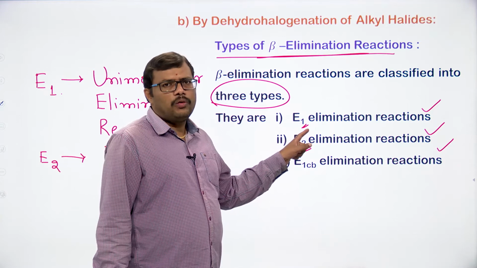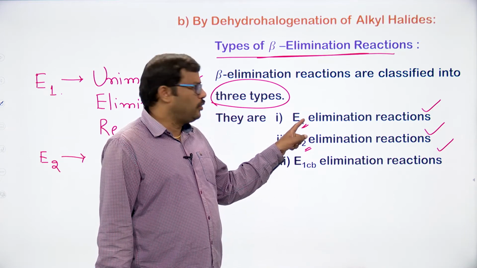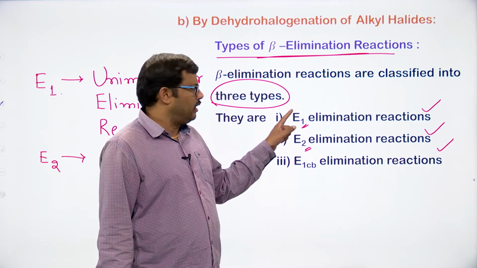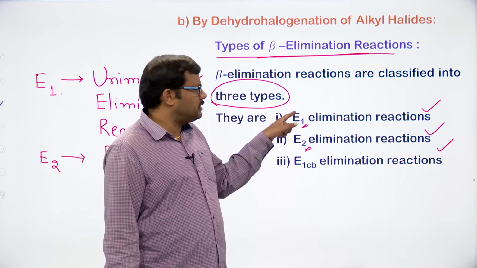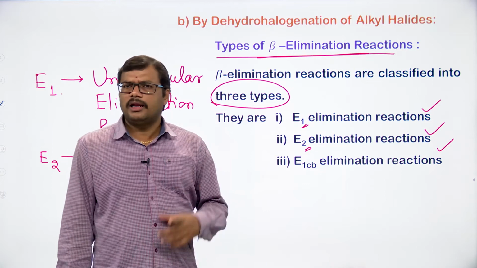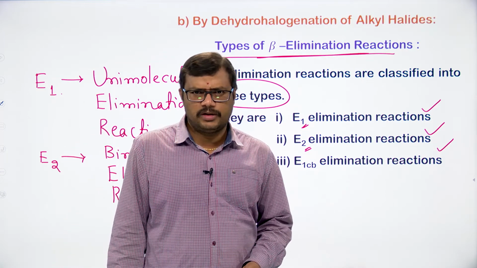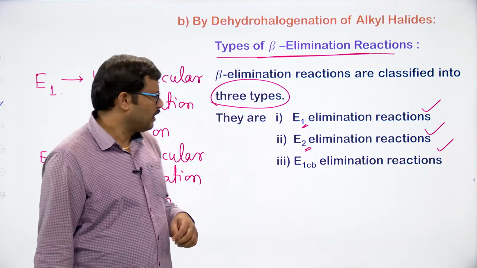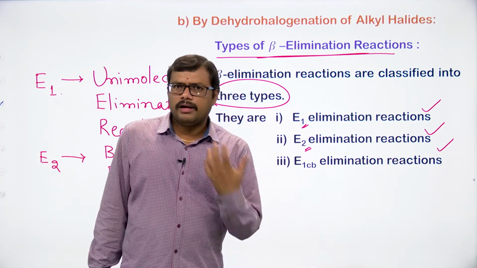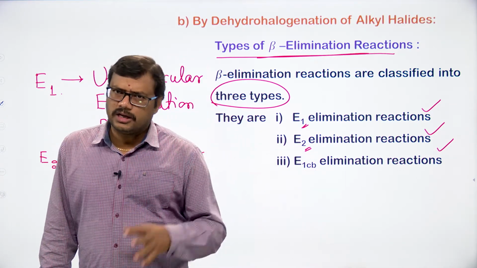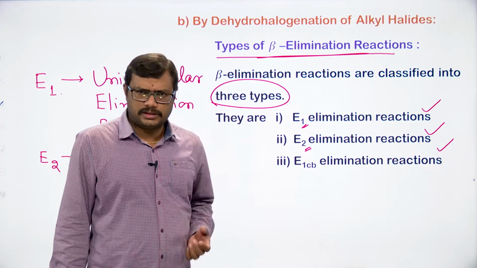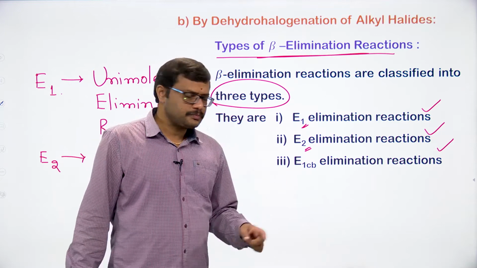E1 means 1 indicates unimolecular and capital E indicates elimination. Unimolecular elimination reactions are represented with capital E and 1 as a subscript, E1. Bimolecular elimination reactions are represented with capital E and 2 as a subscript, E2.